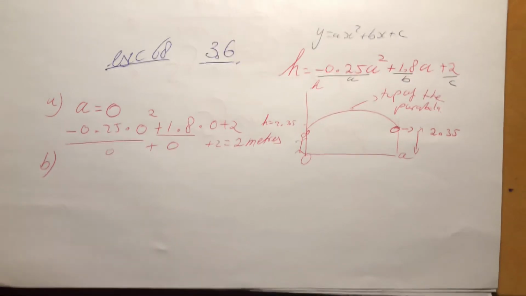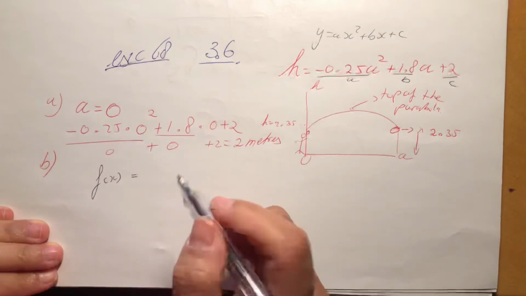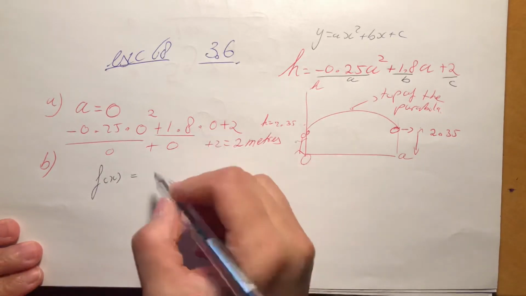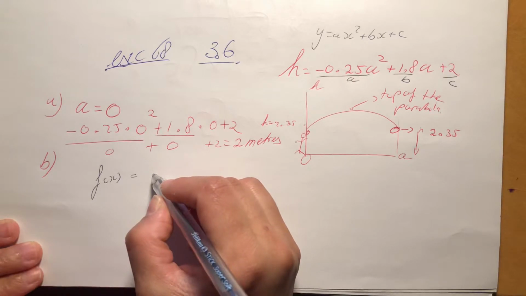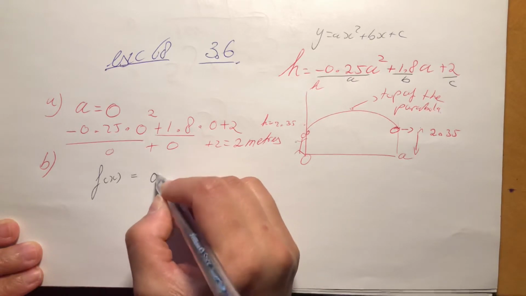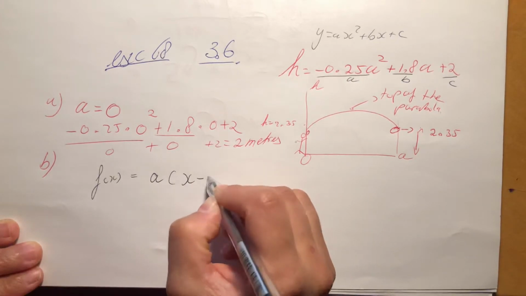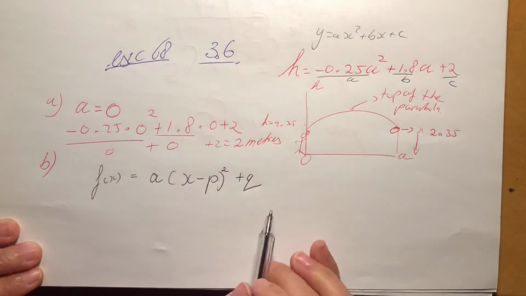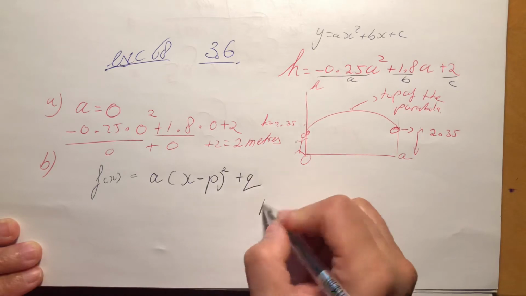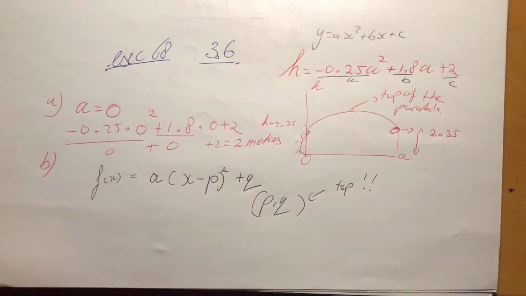When you have this other generic form, f(x) or y equals a times (x minus p) to the power of 2 plus q, that is the other generic form. Then you know that p and q will be the top. This is very important, else it would be very difficult to find it.